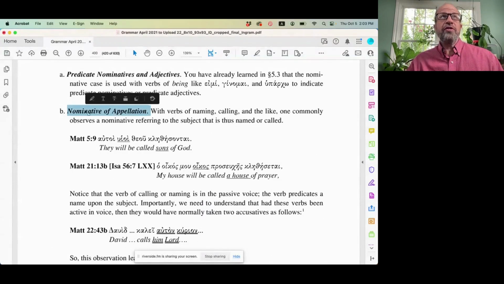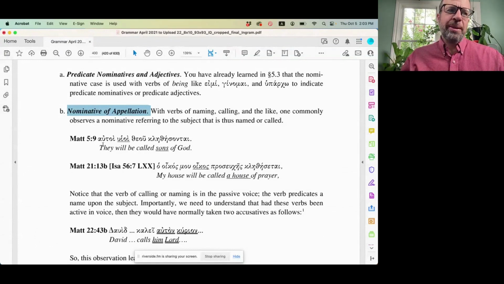So with verbs of calling or naming, if a subject is being called something, rather than what they're called being like the accusative case, it is left in the nominative. And so that's what the word appellation means, it's like a naming. So the nominative is used when someone is being named.